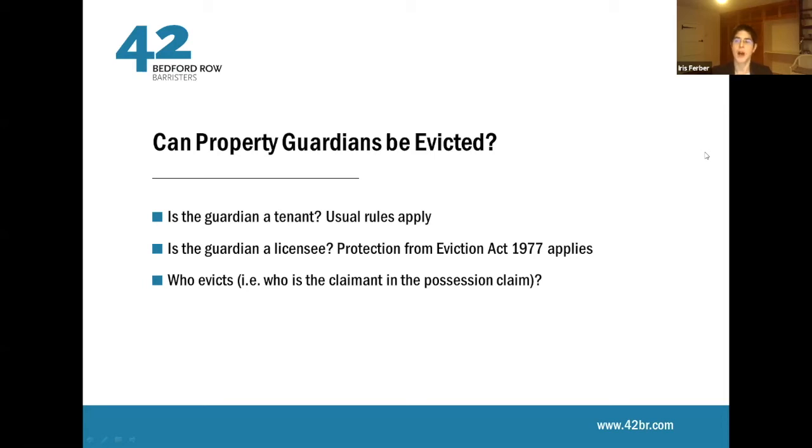be the claimant, unless, as I said before, the contract, properly speaking, is a sublease and the guardian is in fact a leaseholder, a tenant of some kind themselves, because then they have the immediate interest in the land, and they are the ones who grant either the license or the tenancy to the occupiers. So those are the points about eviction.